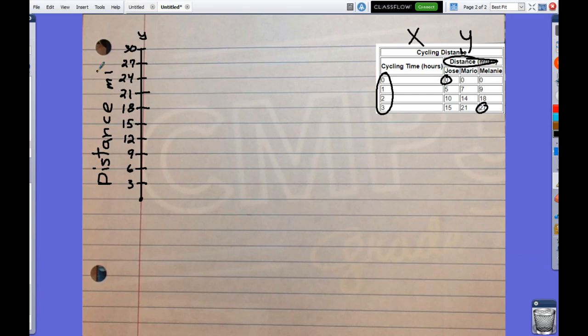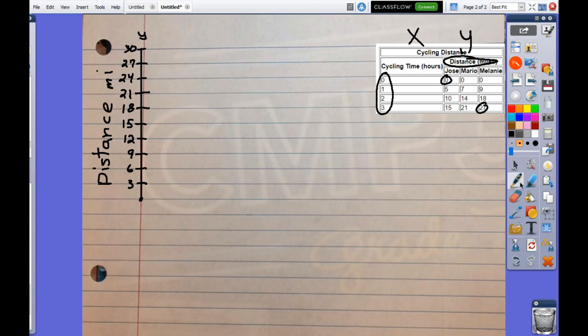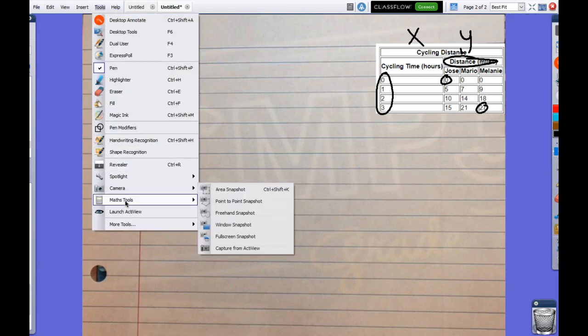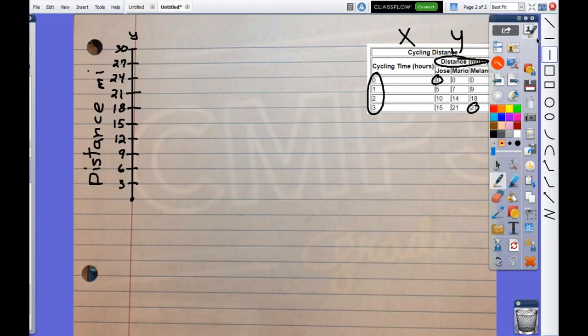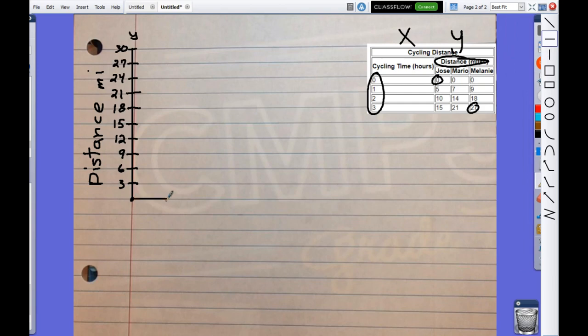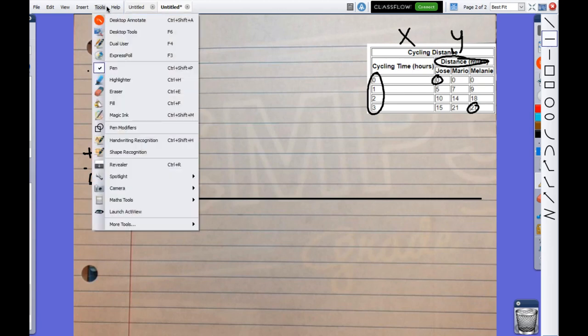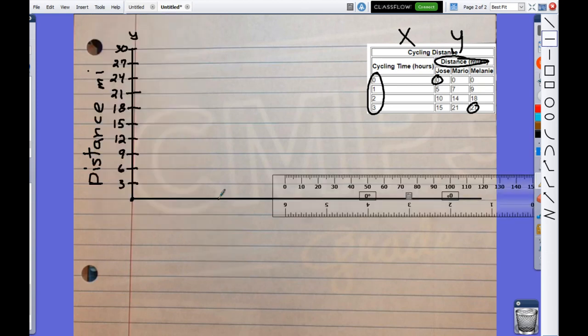And then now we're going to work on the x-axis. Here, your student's going to want to get a ruler. Math tools, ruler.